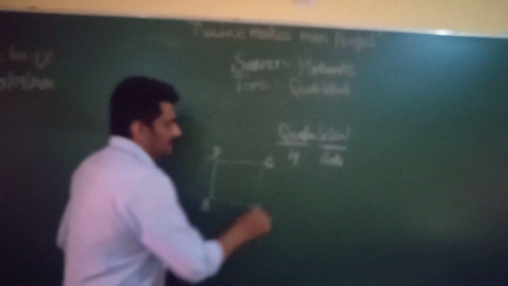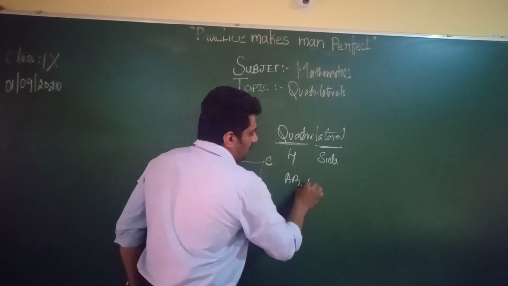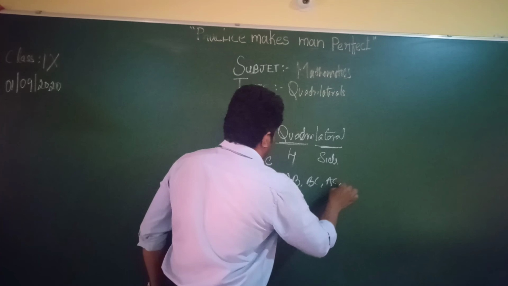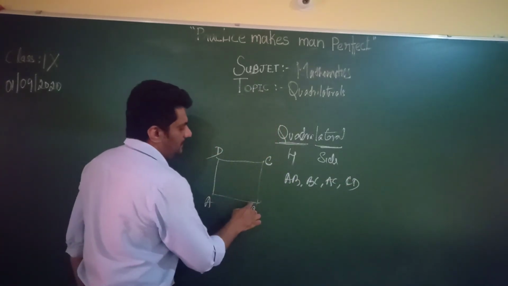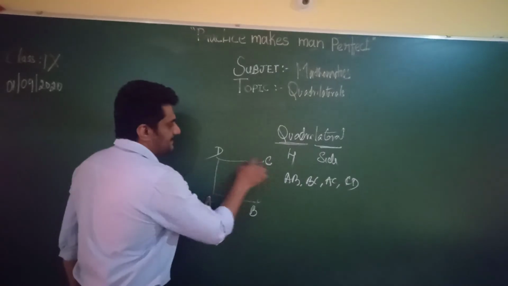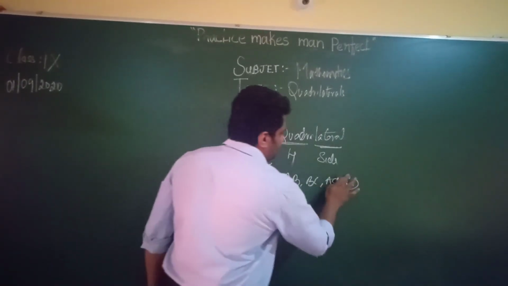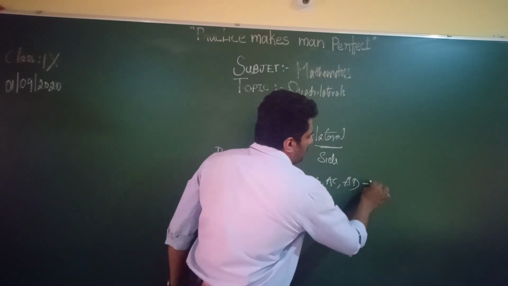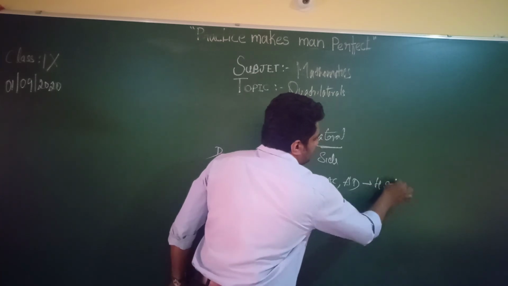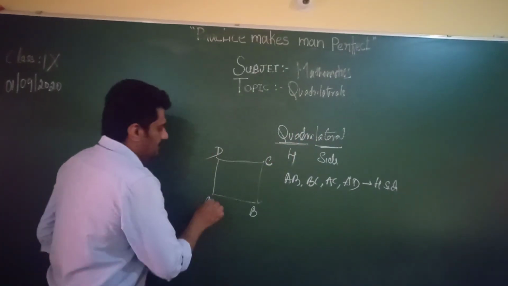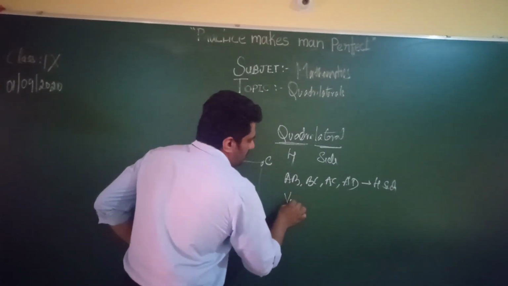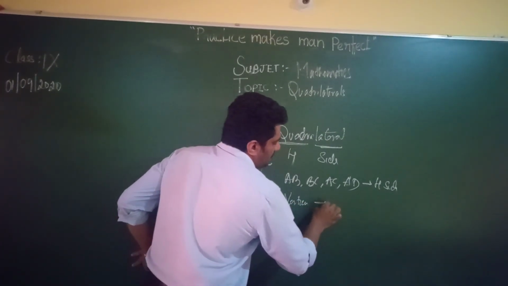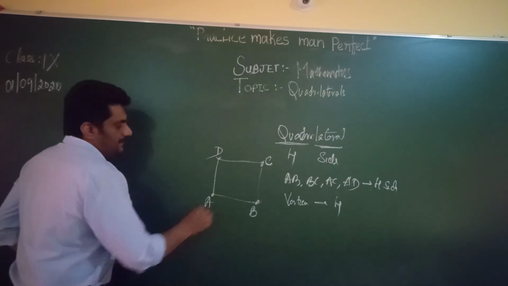Now in this I have AB, BC, CD and AD, 4 sides. Similarly, vertices 1, 2, 3, 4. Vertices 4.